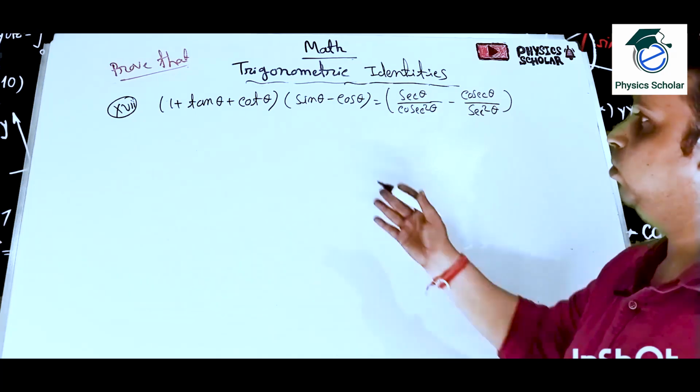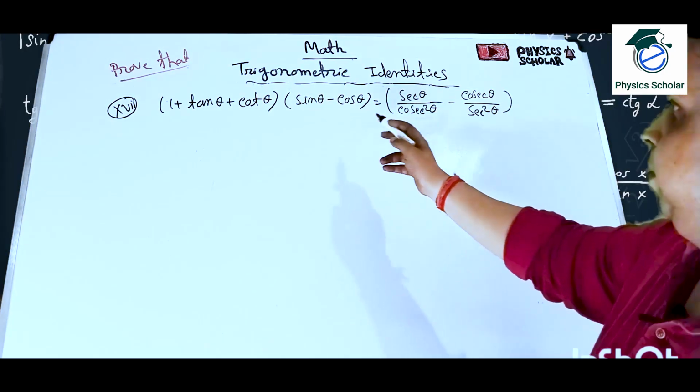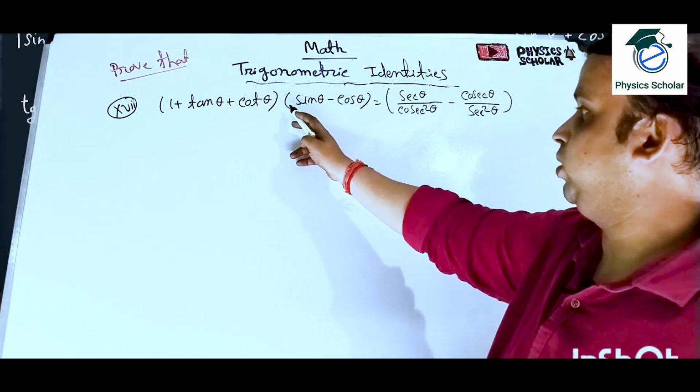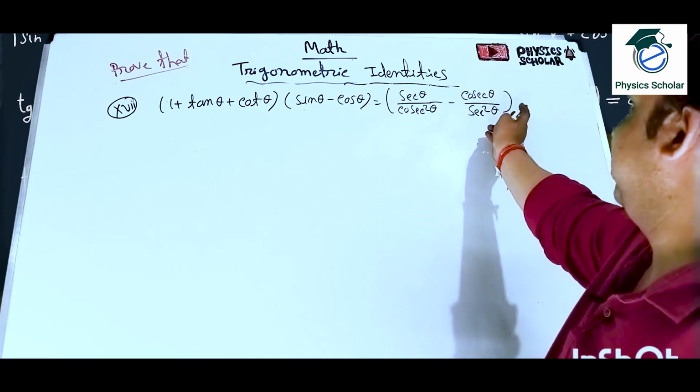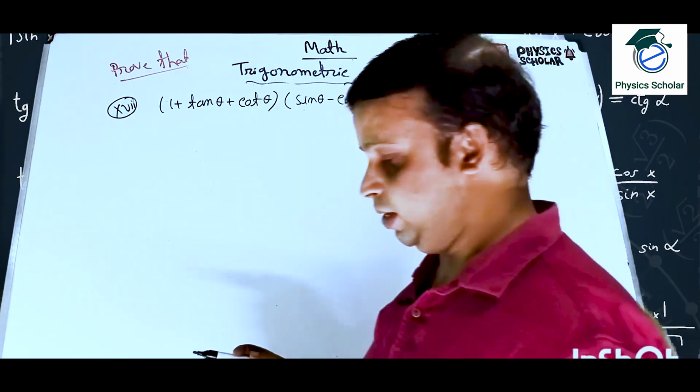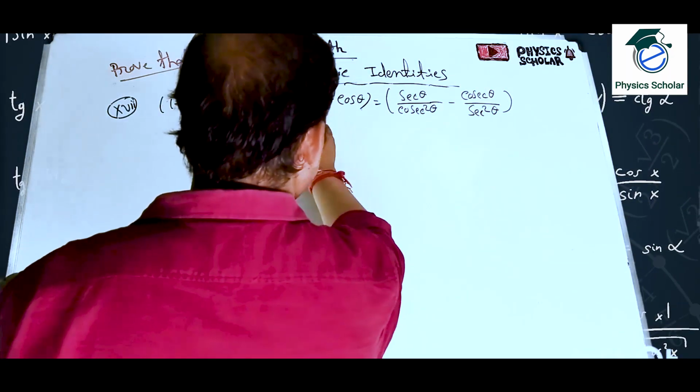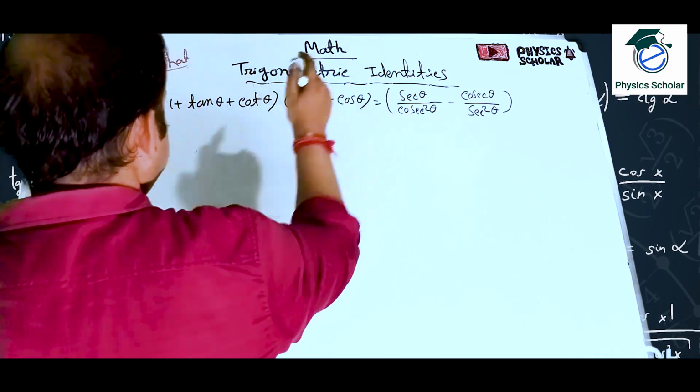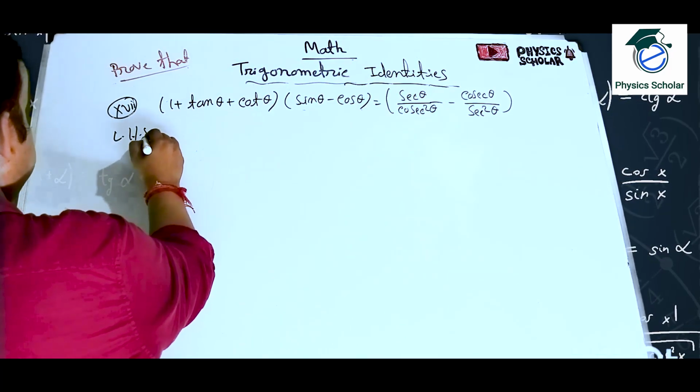So students, now moving forward to the next sum. It is given 1 plus tan theta plus cos theta into sin theta minus cos theta is equal to this. Clear? Left hand side. Okay, so this we have to prove as right hand side. So let us start.